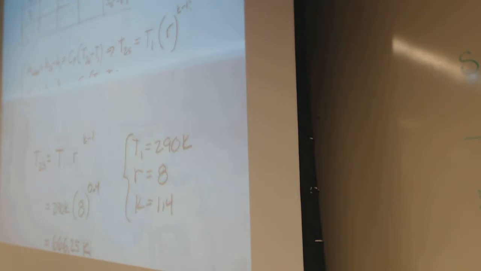Here we go. So these are our isentropic formulas, all the ones with K in them.